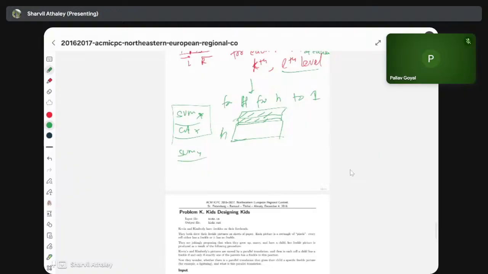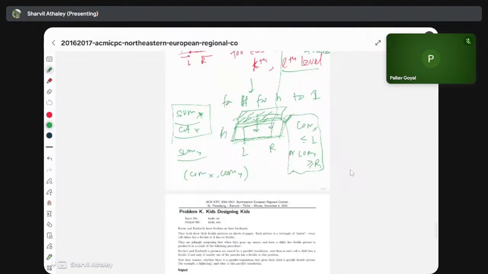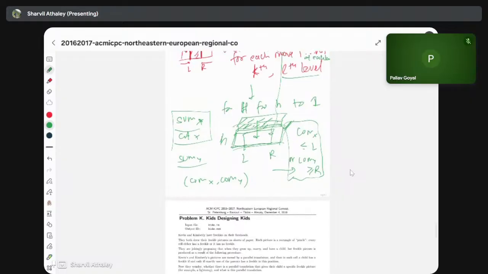So you have a COM x coordinate as well as a COM y coordinate, and for each height, using this set, you have its projection as well, L comma R. So if this COM x is less than or equal to L, or COM y is greater than or equal to R, then it topples. There is also some precision needed in the implementation.